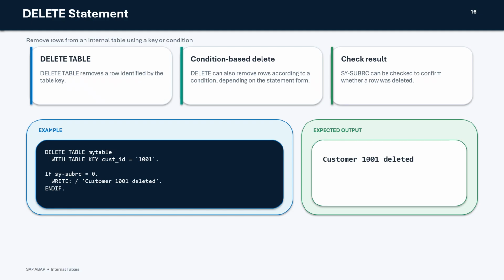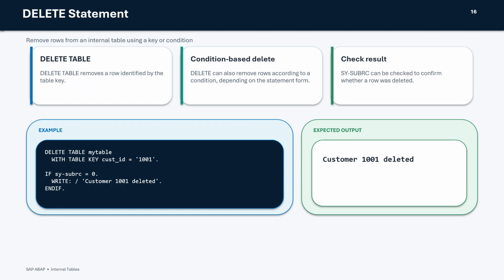If this statement is successful, then sy-subrc shows 0. In case this record is not there, some other value will come. So this is how delete works.